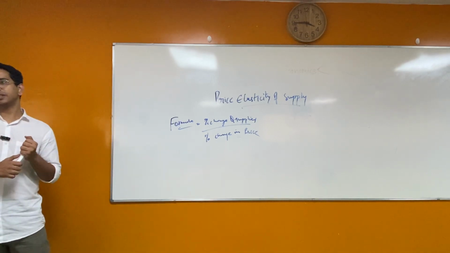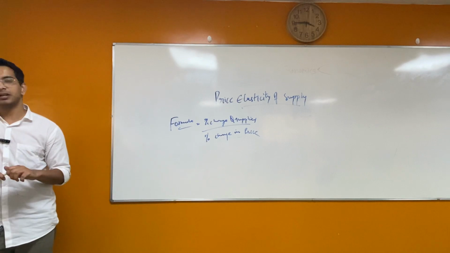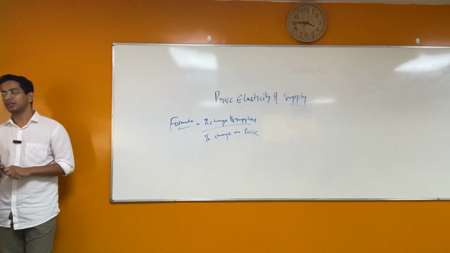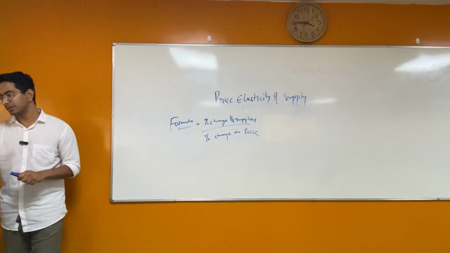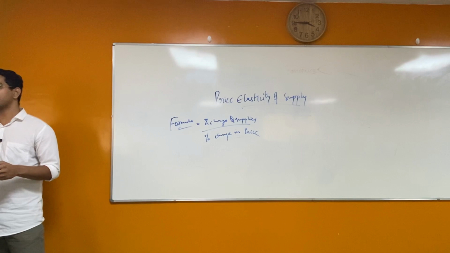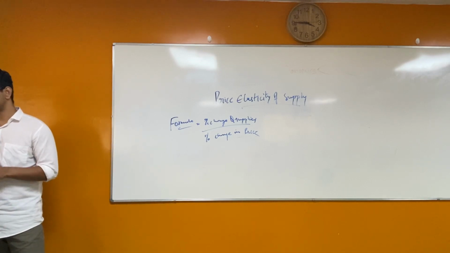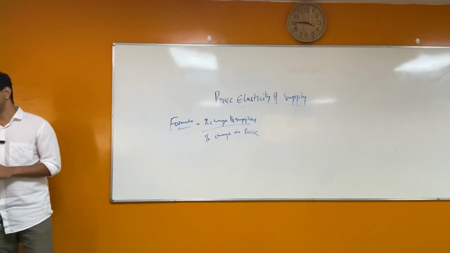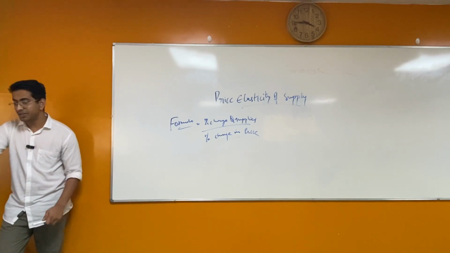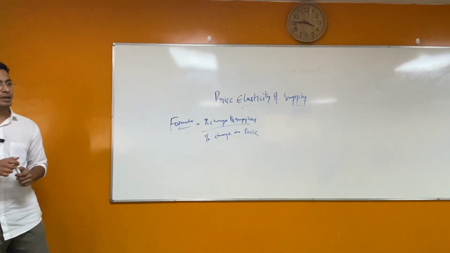The same as what we saw in demand. A slight change in the price will lead to an infinite change in the quantity supplied. That means perfectly elastic. It is very elastic.